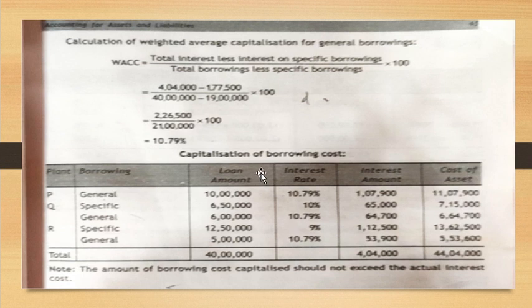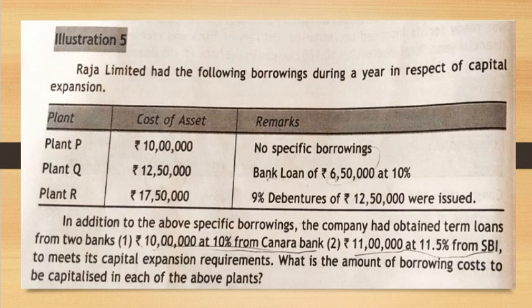So now, capitalization of borrowing cost. To acquire P, you have taken fully a general loan from Canara Bank. The amount is 10 lakh, as stated in the question: in addition to the above specific borrowings, the company has obtained a term loan from two banks, 10 lakh at 10%. So the asset value here for plant P is 10 lakh.